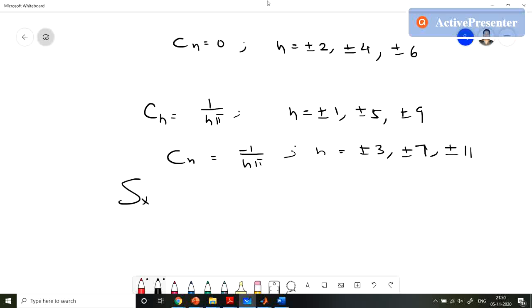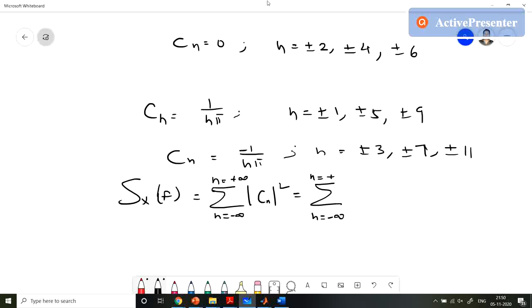So that Sx(f) is equal to the summation from n is equal to minus infinity to plus infinity of modulus of Cn whole square, that is the summation from n is equal to minus infinity to plus infinity of modulus of 1 by 2 sinc n by 2 whole square.